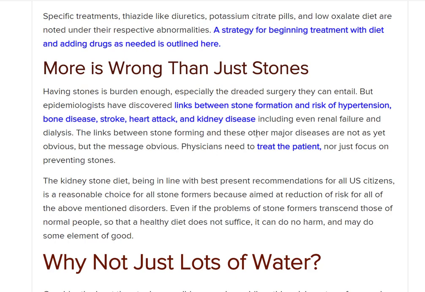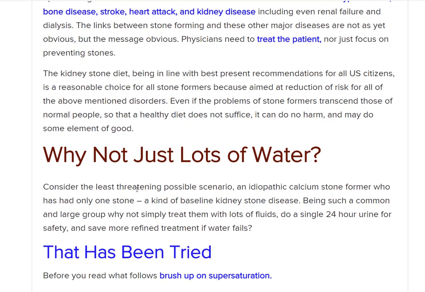That's why this little phrase here, treat the patient, not the stones, and this link takes you to a whole article on that subject. I can't impress on you how important it is, because what's coming up next is my favorite dislike. The idea, the insane, stupid idea of turning a stone former away with drink more.